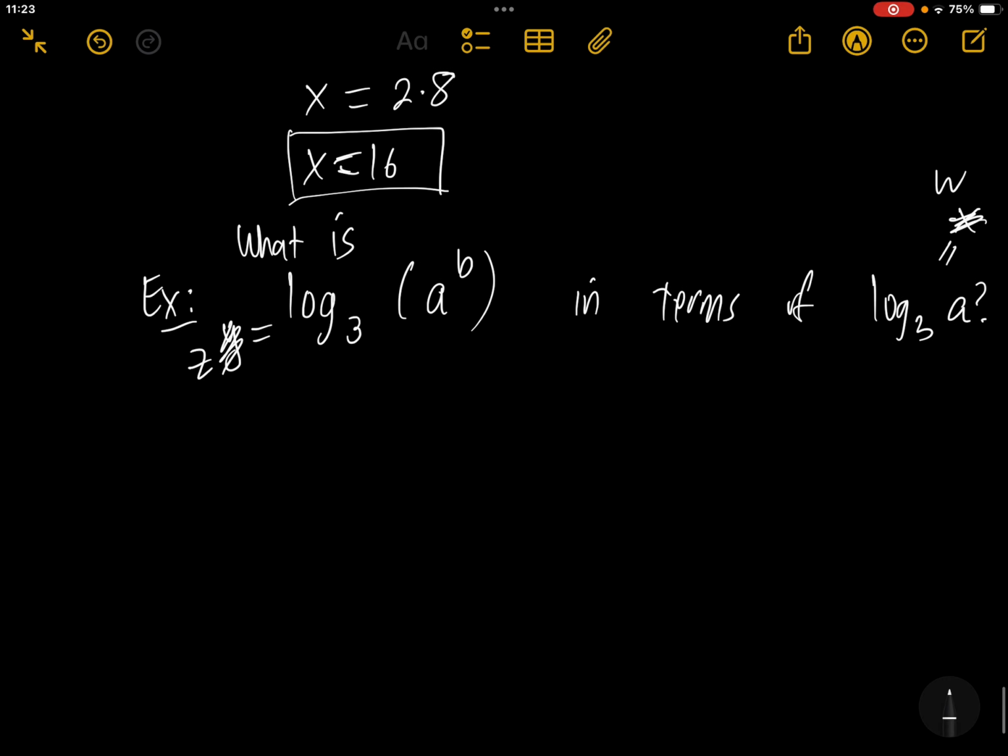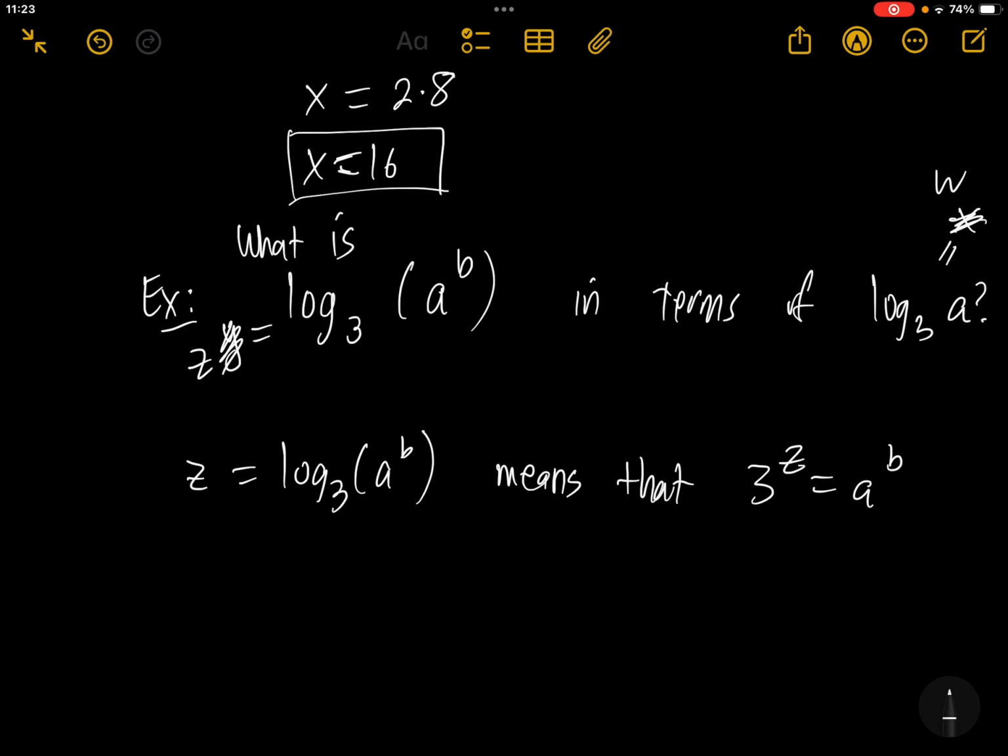Okay. So how do we write z equals log sub 3 of a to the b in terms of exponents? This means that 3 to the z power is a to the b power.